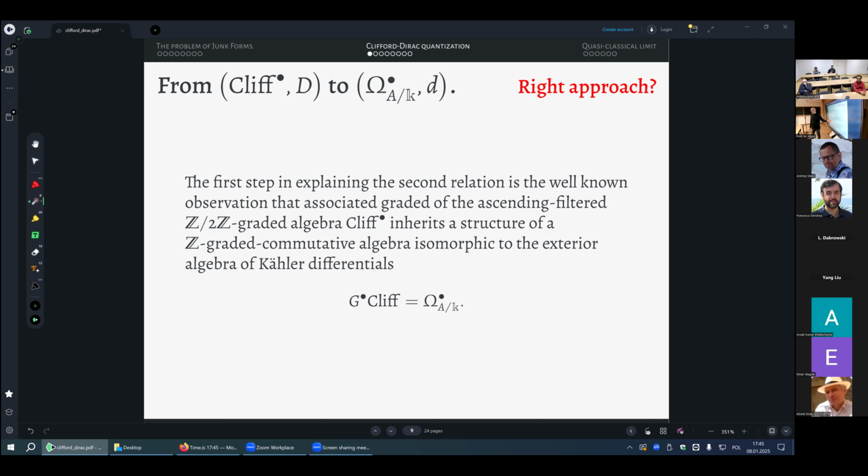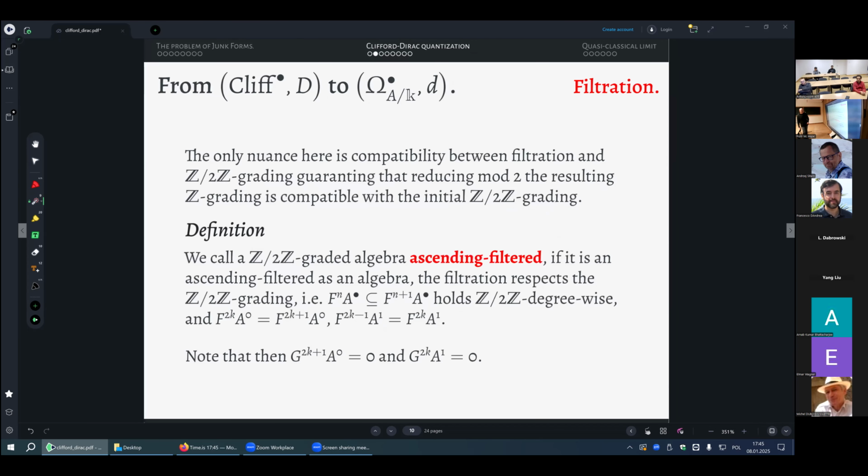But because of the compatibility of this filtration with the Z2 grading, it gains some additional properties. I will explain what these conditions are. This nuance about the compatibility between this filtration and the Z2 grading is contained in the definition.